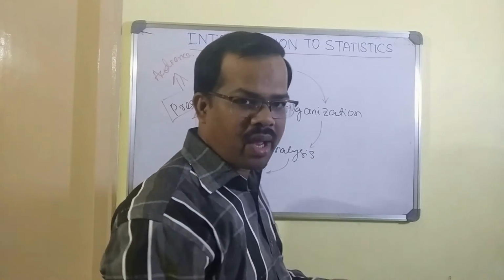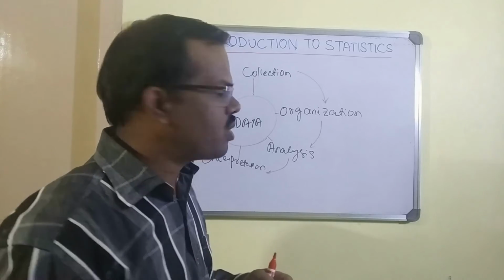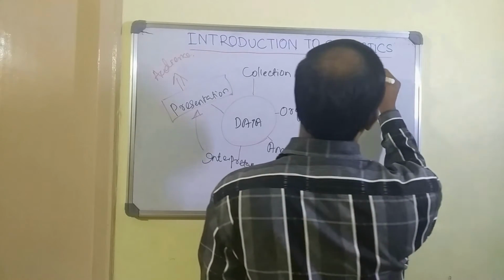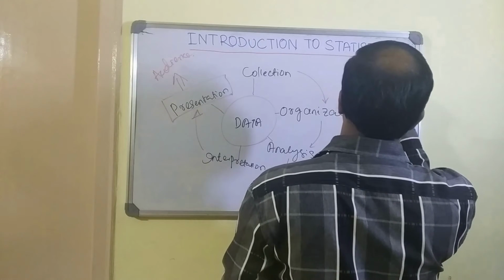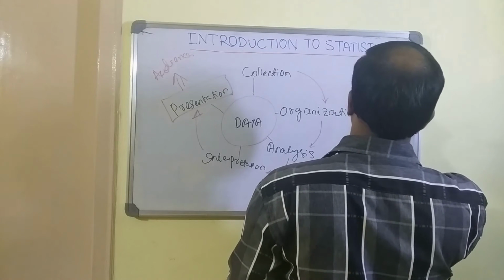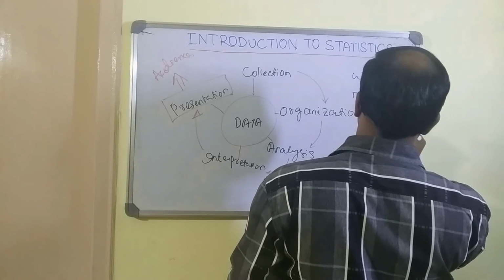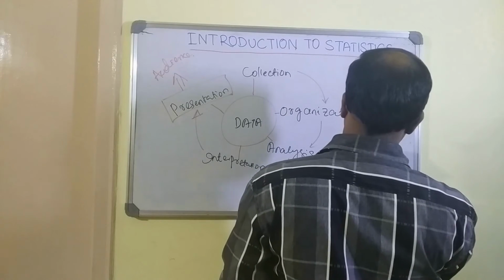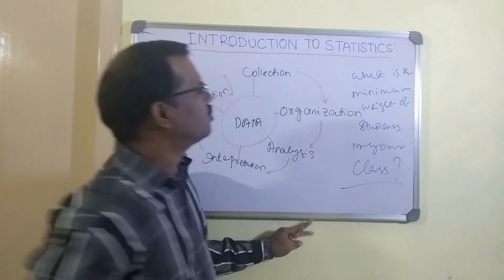Now let us take an example and try to understand this whole concept. How does it apply in a real life scenario? Let us now ask the question: what is the minimum weight of students in your class, right?